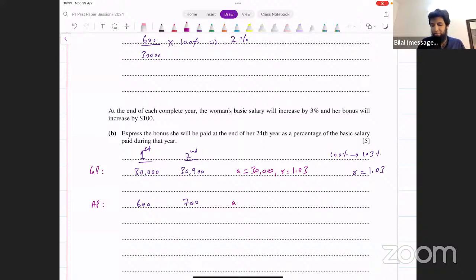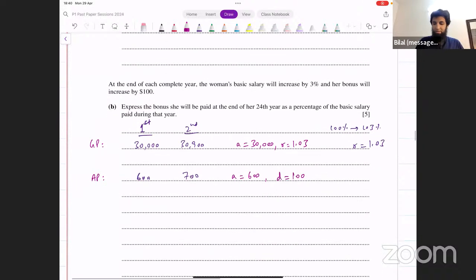So the bonus is an arithmetic progression with the first term equal to 600 and the difference equal to 700 minus 600, which is 100. So for the GP, we have the first term and the ratio. For the AP, we have the first term and the difference.